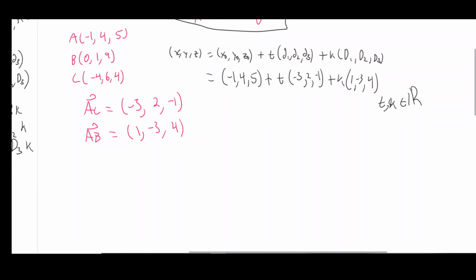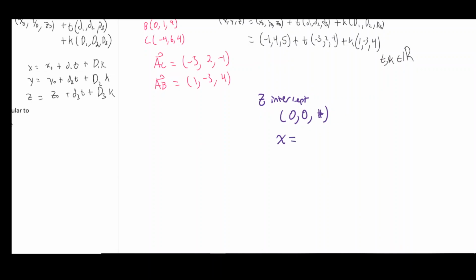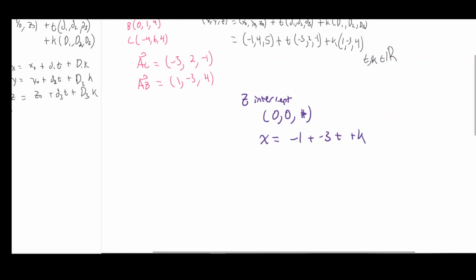Okay, so if I want to find a z-intercept, that means that the point is going to look like 0 for x, 0 for y, some number for z. So what I might do is take my parametric equations from that plane that we've already found. I believe that's the parametric for x, and I'm going to set it equal to 0.